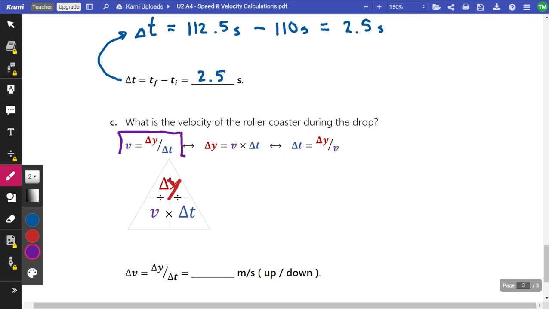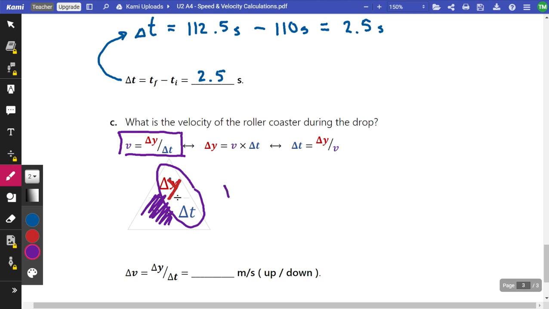So this equation right here looks to be pretty fitting. And if you were to get rid of this on the triangle here, you'd have the same thing. Your delta y divided by delta t gives you your v, or your velocity is calculated by taking your change in height divided by your change in time. So let's do that.